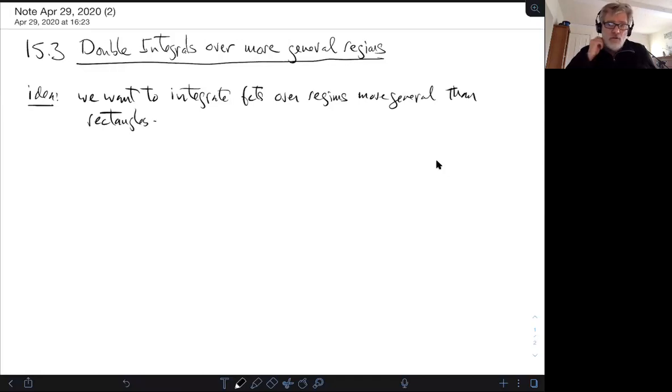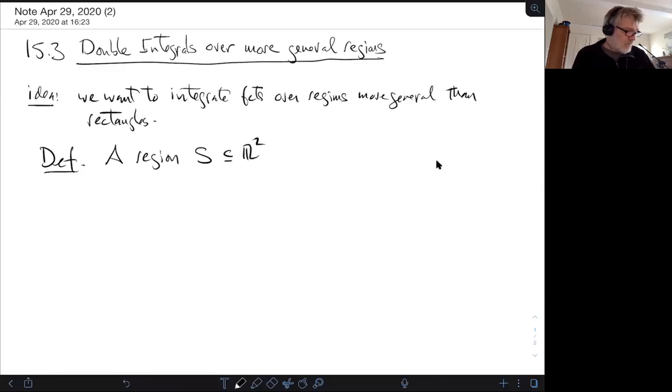Okay, so we're going to define the following, which is very simple. The notion of bounded region. Okay, so a region, which is just a subset S of the plane, we'll say that it's bounded if it's contained in some rectangle.